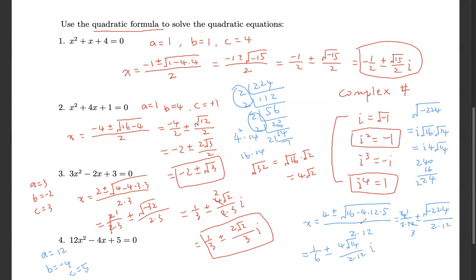We can put the i in this place. So 4 goes into 12 3 times. So in the end, you get 1/6 plus minus i square root of 14 divided by 6, because 2 times 3 is 6. So we have two complex solutions.